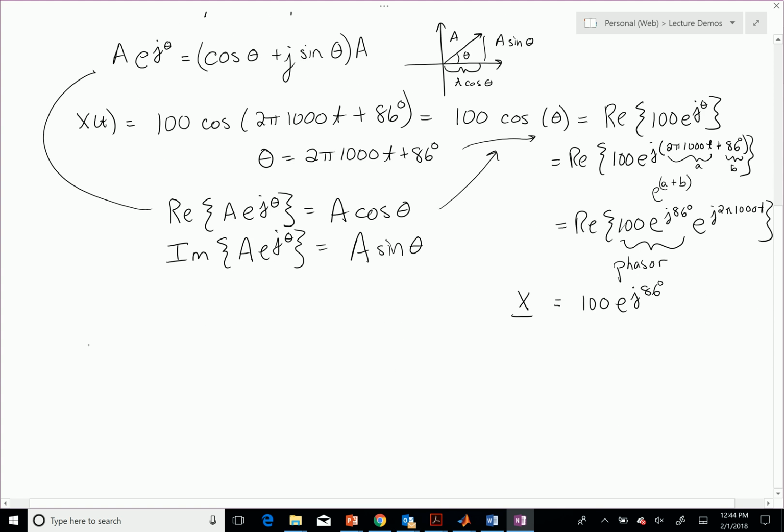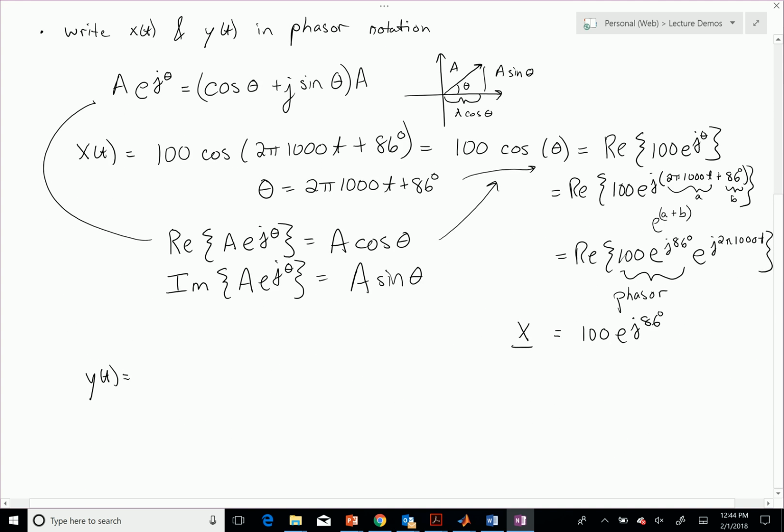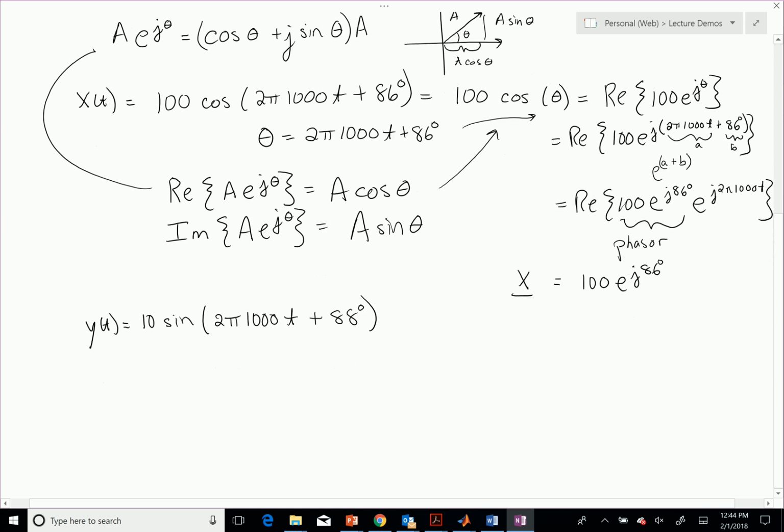Now let's do it for y. y of t is a little bit more complicated. y of t is a sine wave. So I've got 10 sine 2 pi 1000 t plus 88 degrees. Now I've got to be careful here. Sine, I see, is the imaginary part of A e to the j theta, so that gets a little bit tricky.